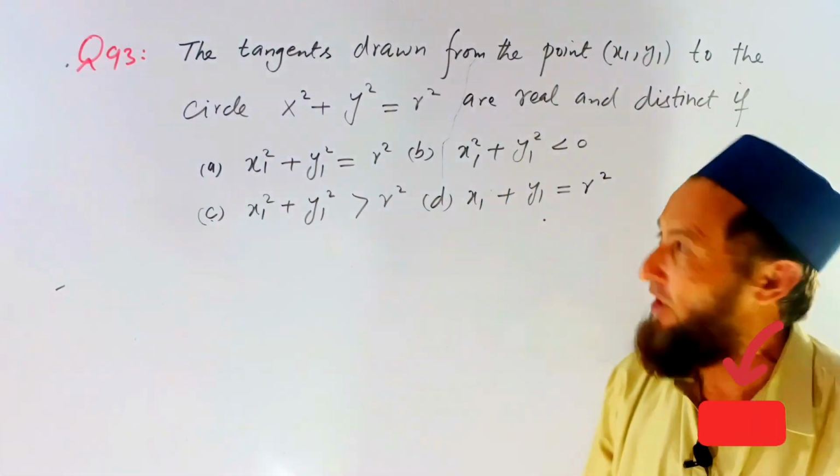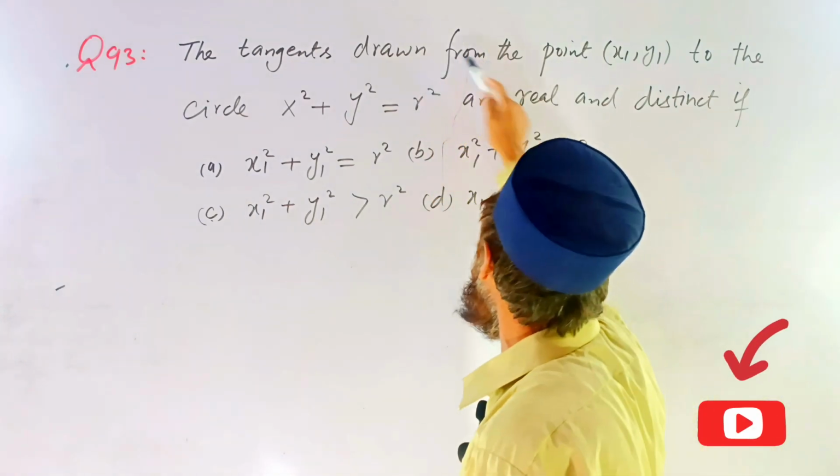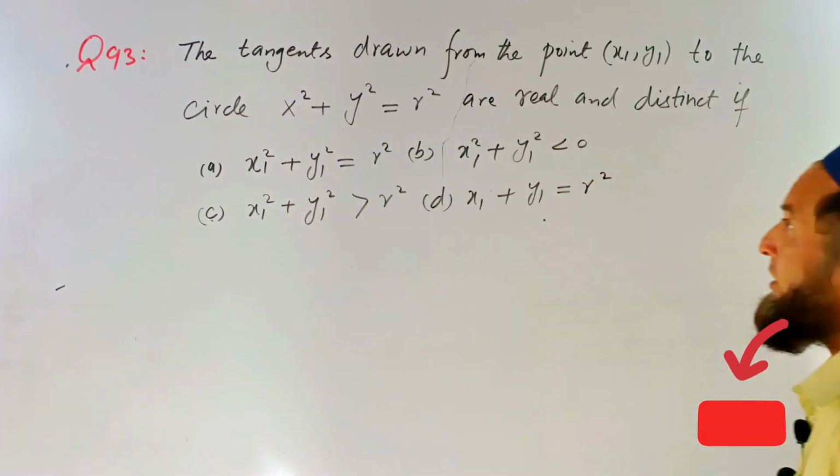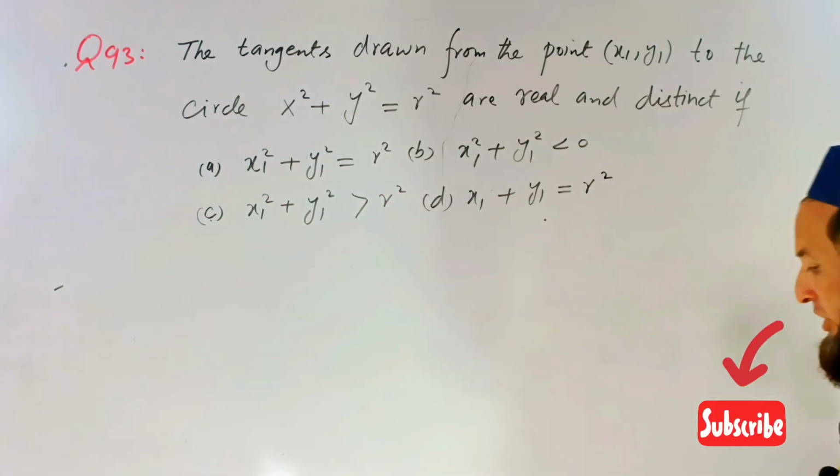Let's start question number 93. The tangents drawn from the point to the circle are equal, real, and distinct.